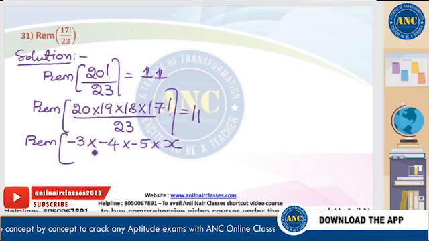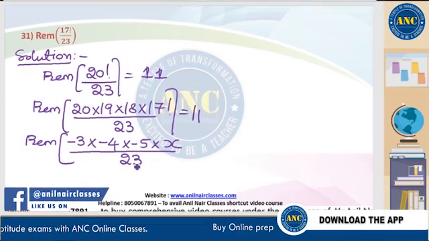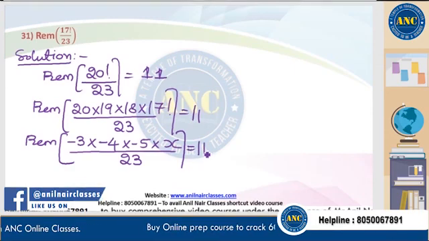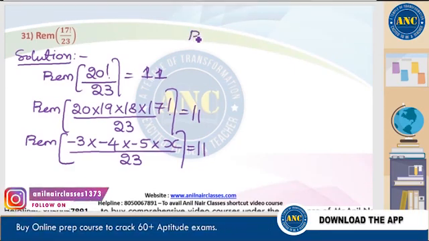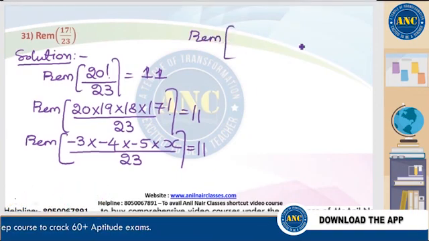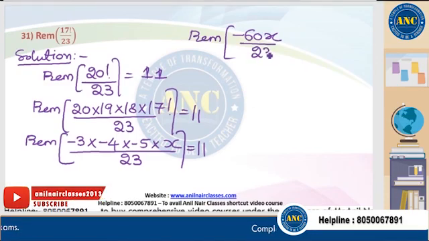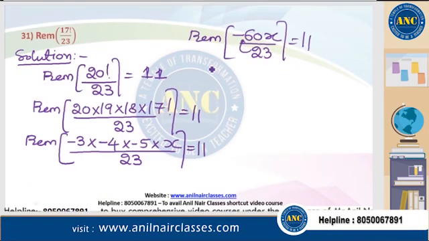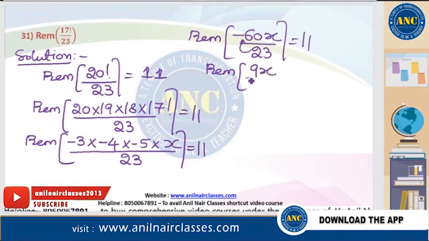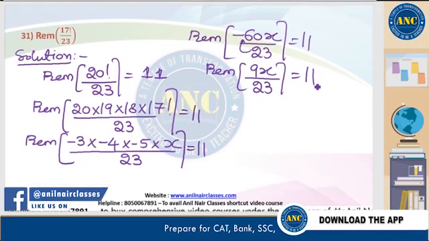17 factorial divided by 23, let it be x. When I further divide by 23, the remainder does not change. Minus into minus into minus, so this is nothing but minus 60x divided by 23, which is 11. 23 threes are 69, minus 69, minus into minus is plus, so 9x divided by 23 gives 11.